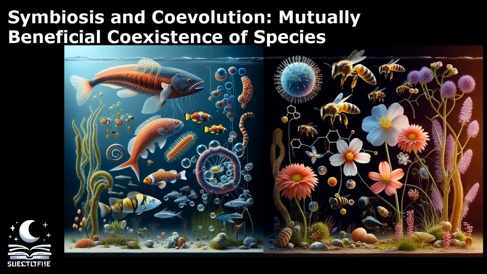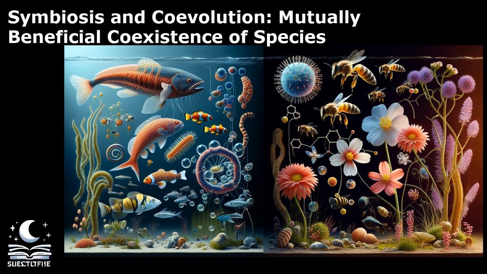Symbiosis and coevolution play a crucial role in maintaining the balance and stability of ecosystems. These intricate relationships drive the coexistence and interdependence of species, shaping the structure and function of natural communities. For example, the mutualistic relationship between plants and mycorrhizal fungi enhances nutrient uptake and promotes plant growth, contributing to ecosystem productivity.